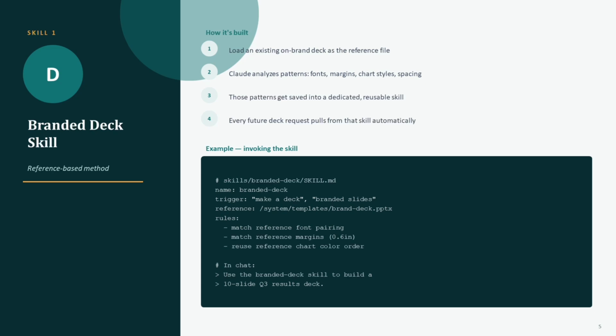Third step, those patterns get saved into a dedicated reusable skill. You need to save that as the reusable skill, so remember it. Then every future deck request pulls from that skill automatically. For the example, I have given the invoking of the skill, so you can try it on your device too.